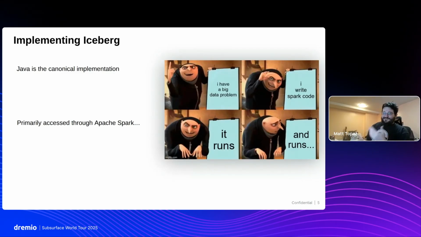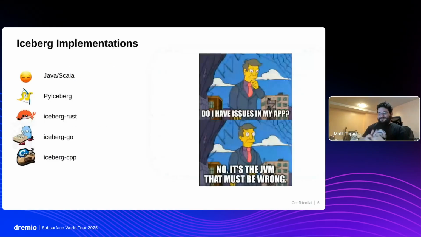Well, many people like being able to use Iceberg without a JVM. And this is evidenced by the multiple implementations that also exist via PyIceberg if you want to go natively through Python, Iceberg Rust, Go. There's even a relatively recent C++ implementation of Iceberg.